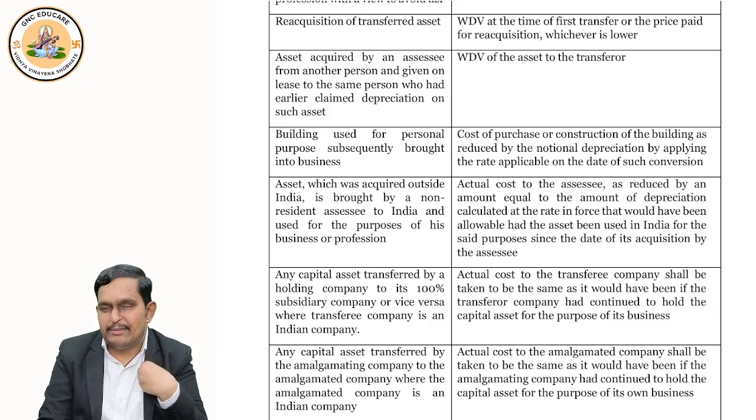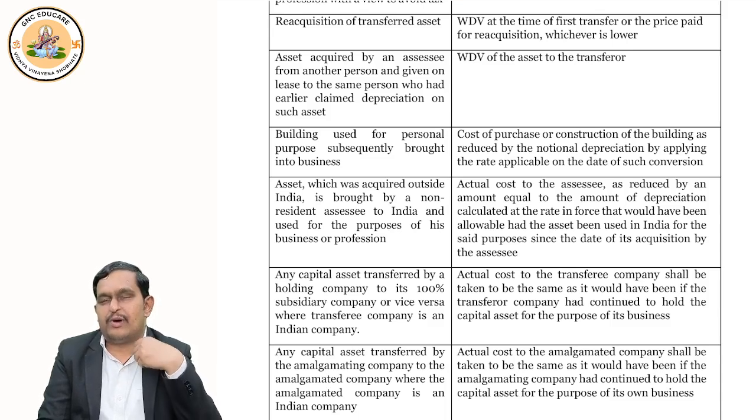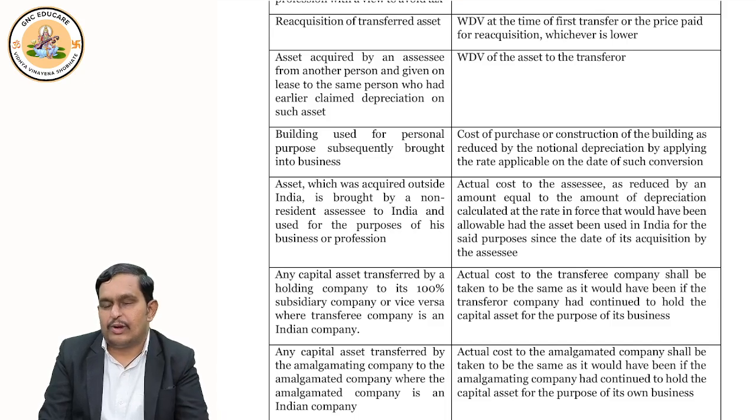I took it on lease, so I am the lessee. So for the lessor, what is the cost? It is the WDV to the transferor. Whatever is the WDV to the transferor, that becomes the cost. This way you should be able to understand. Now I'll tell you the next point, that is about building.